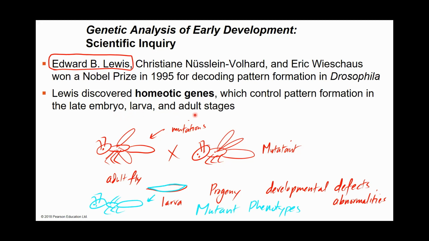Now, you have to understand it wasn't an easy thing to do. These three scientists faced many challenges when they were trying to determine which genes are important for pattern formation and segmentation, or which genes are important for normal embryonic development, because there are a lot of genes in Drosophila.